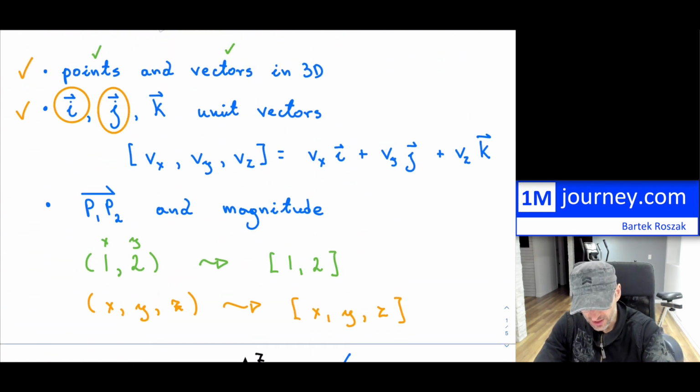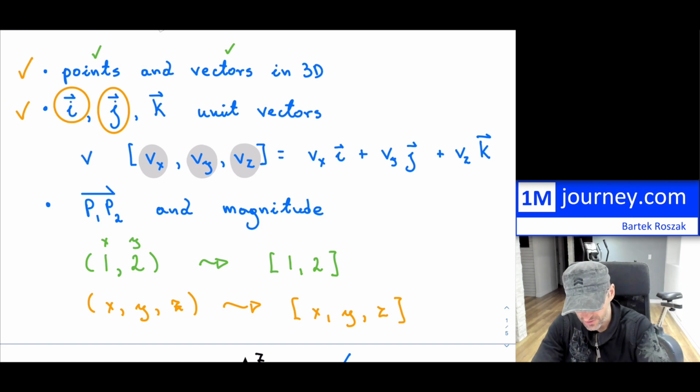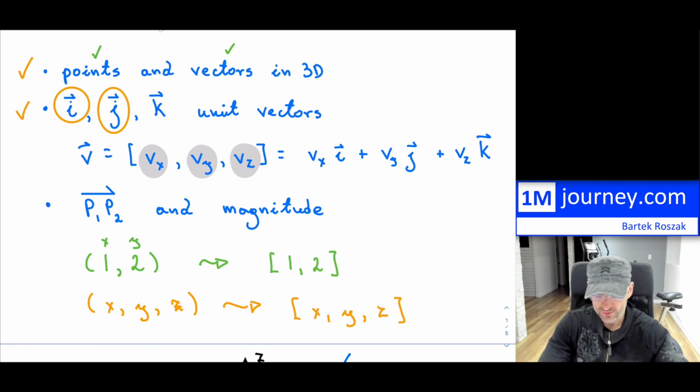So notice the components that I did in here, so the component of X, component of Y, and component of Z of any vector that we would have. So let's say this was vector V, and this is what it was equal to, we can write it in terms of its components and the actual unit vectors that we have.